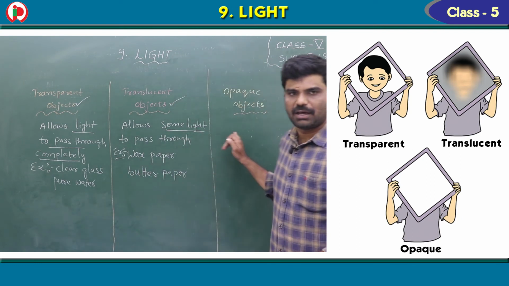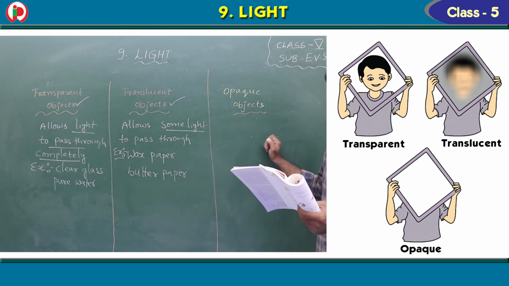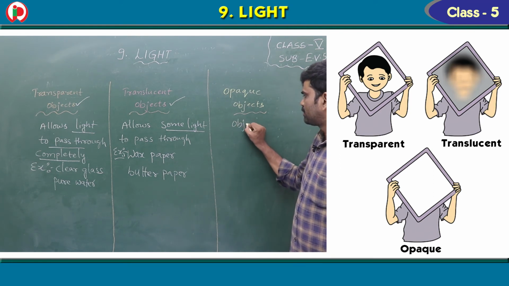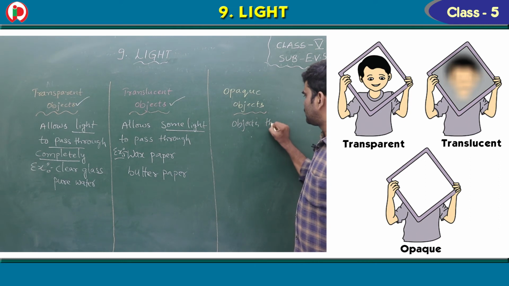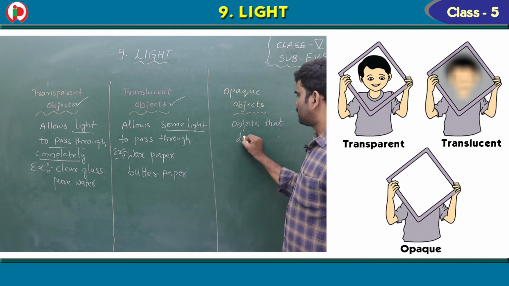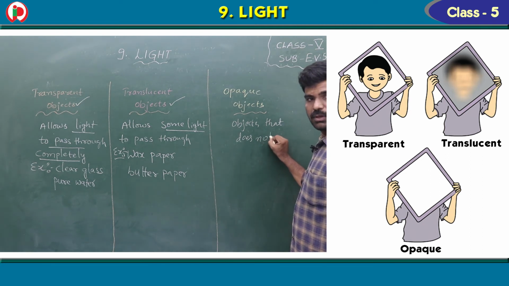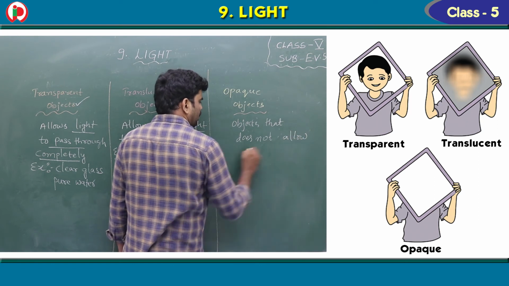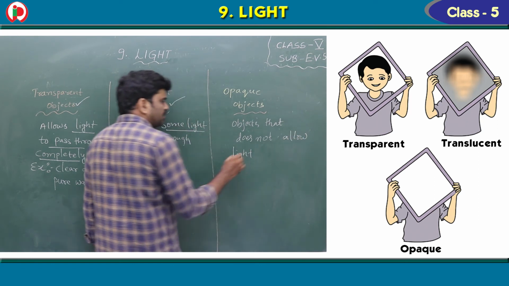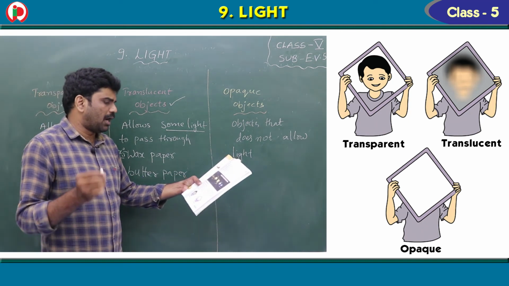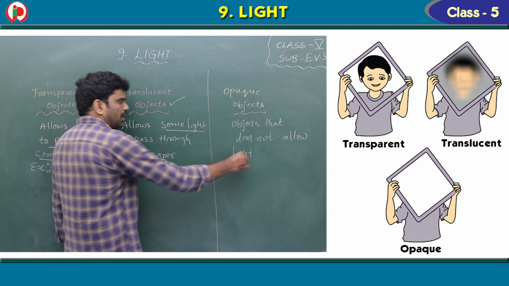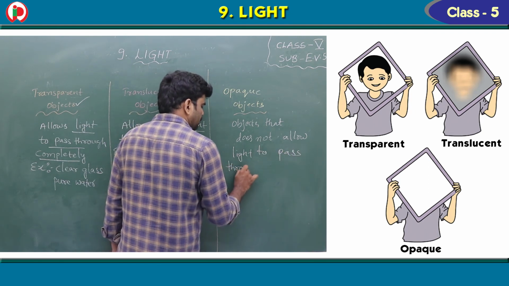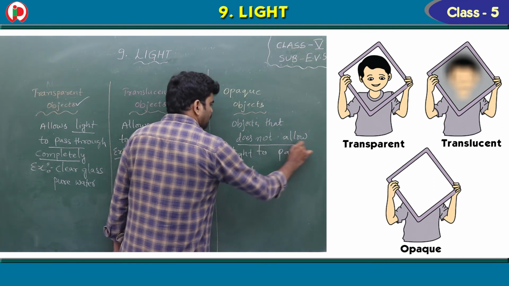Now coming to the third one, which is opaque. Here, an object that does not allow light to pass through.